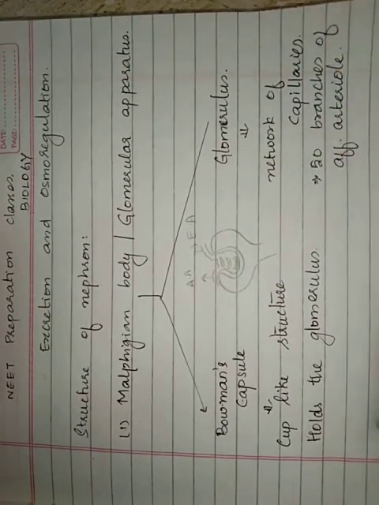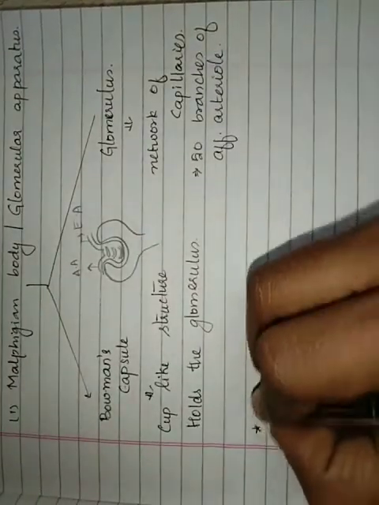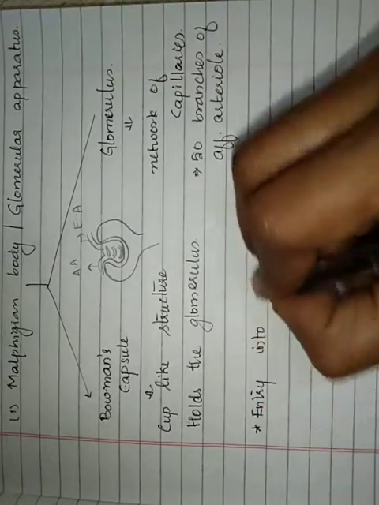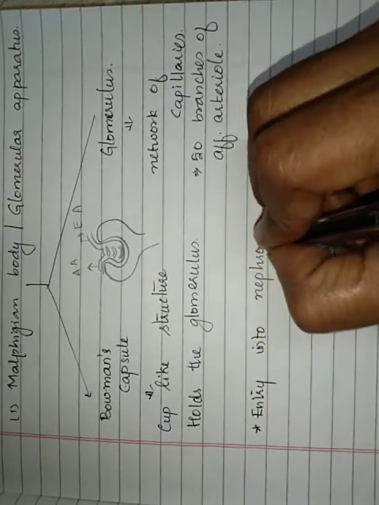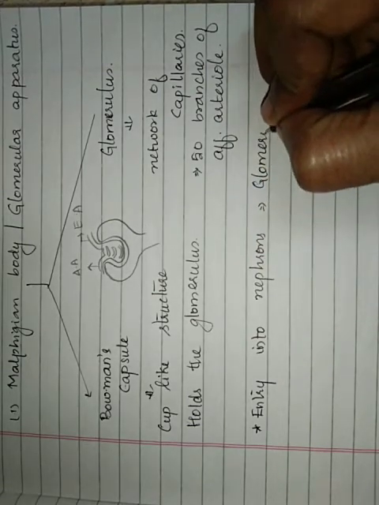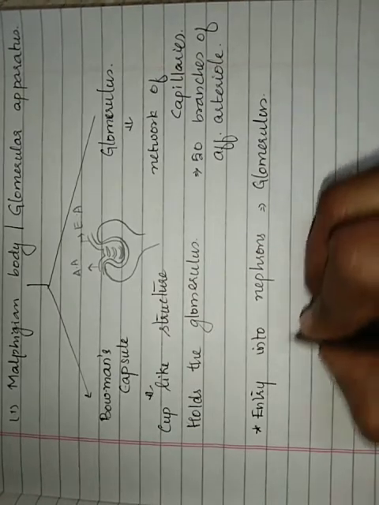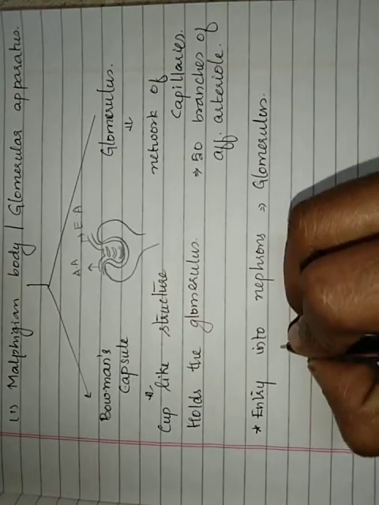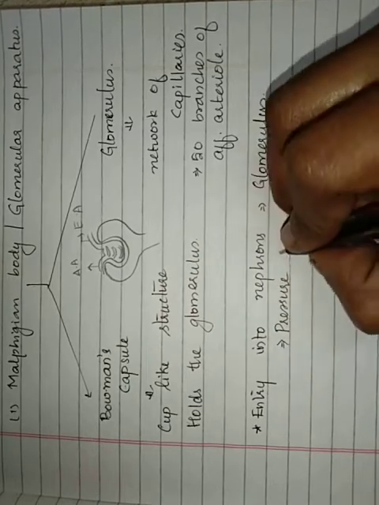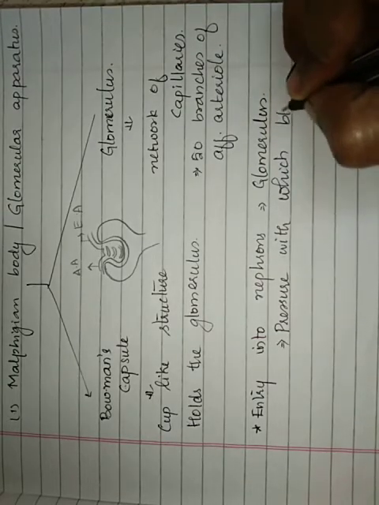Now blood is going to enter into the nephrons. Blood entry into the nephrons is through the glomerulus. When the blood is entering through the glomerulus, it enters with pressure.